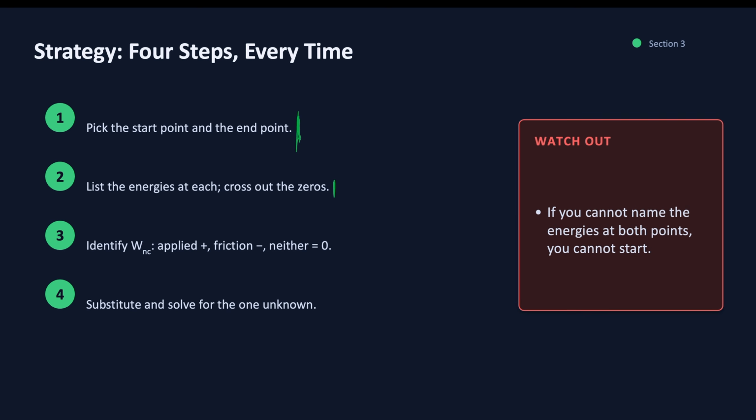You identify work non-conservative. Applied friction is negative. Applied is positive. And neither is zero. Because applied is like, you start with an initial force, right? So plus kinetic energy initial, and so on, is equal to kinetic energy final plus the rest. But if you start with an additional force, right?